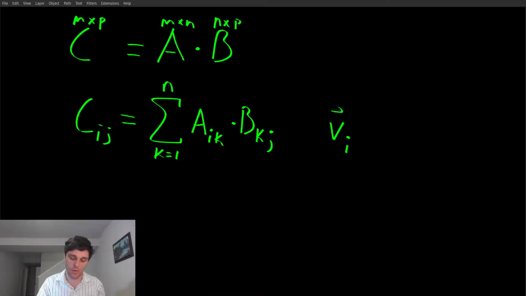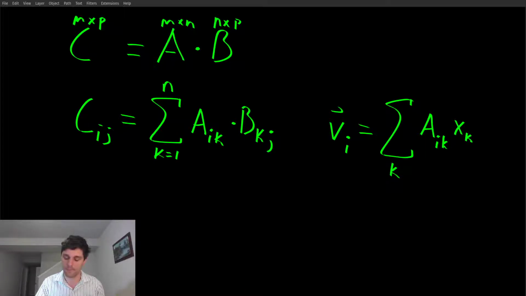The vector equivalent, we would have said V sub i is equal to the sum across k of Aik times x sub k, right? So there's definitely a similarity there, but I think the easier way to think about it is with matrix vector.